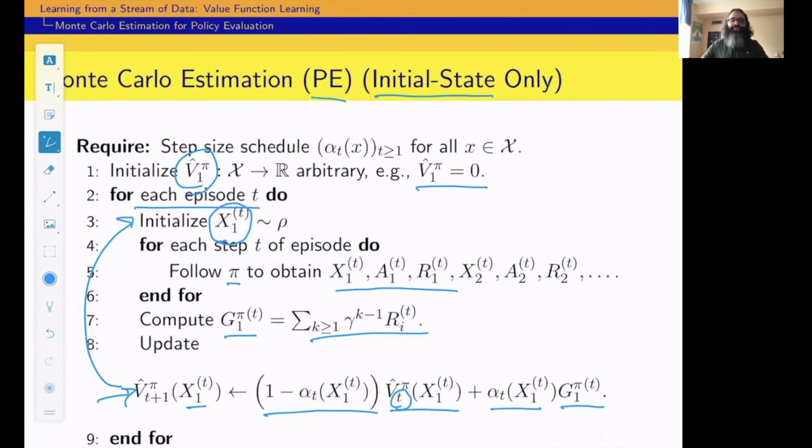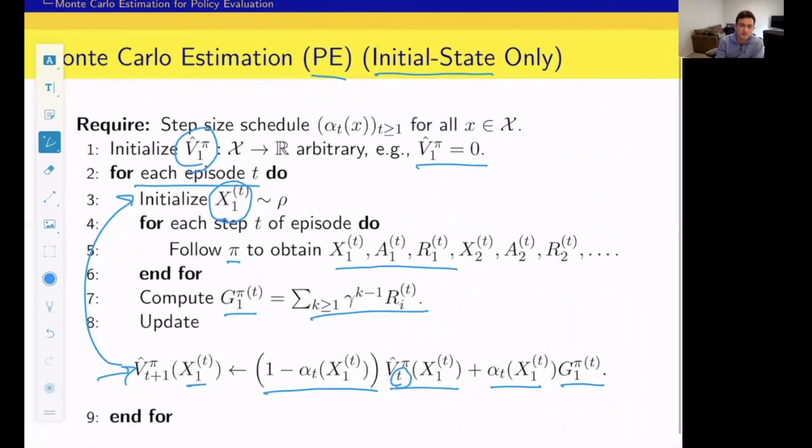Any questions? Is the last line overriding the previous value, or is it a new value? So this is going to be the new value, with index t plus 1. And I use the previous value to get the 1 minus learning rate term. This is only for the state that is updated. For the state that is not updated, I basically copy the previous value.